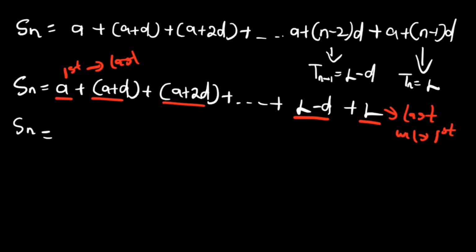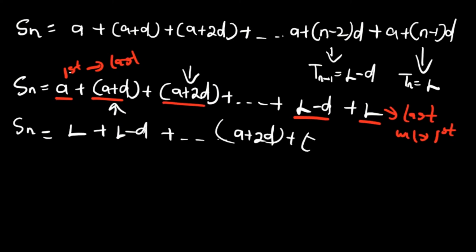So the last will be first, and the first will be last. So we say Sn is equal to L plus L minus d plus, and the first will be last, so this one here will be first, so it's a plus 2d, and then plus a plus d plus a, right?